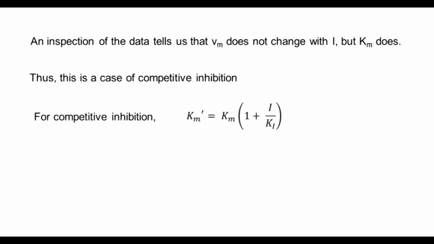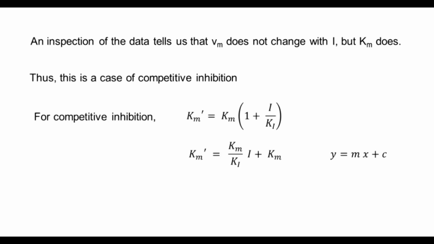So, for competitive inhibition, this Km dash, the new Km, is Km times 1 plus I by Ki, right? And Km dash is Km by Ki into I plus Km. I have written it in the form of y equals mx plus c. Remember, we are dealing with a set of data here. Therefore, whenever we deal with data, we need to use the entire set of data. If you just pick points from there, the errors in the data collection would directly get transferred and probably get magnified.